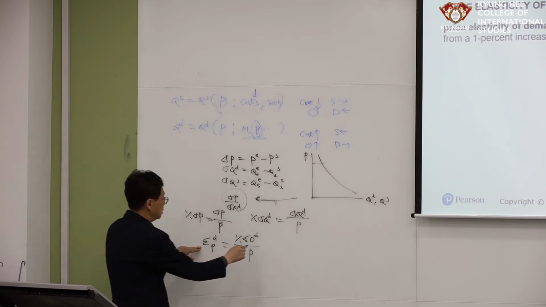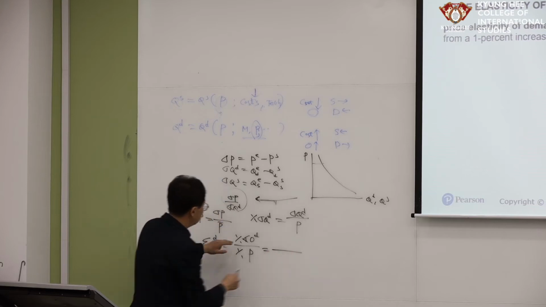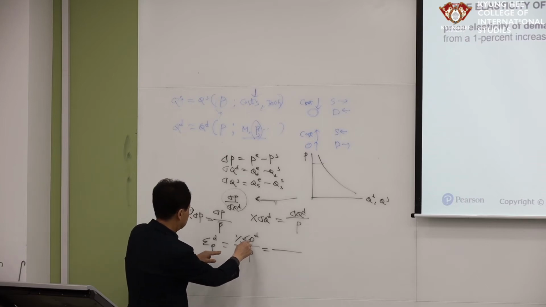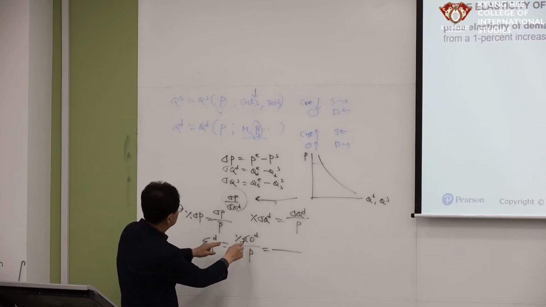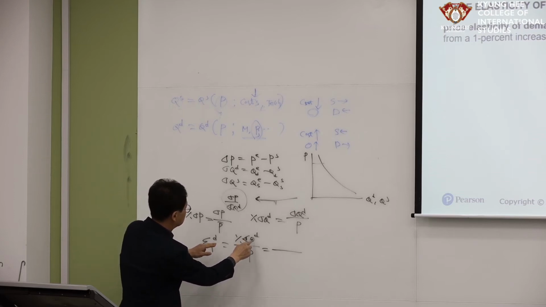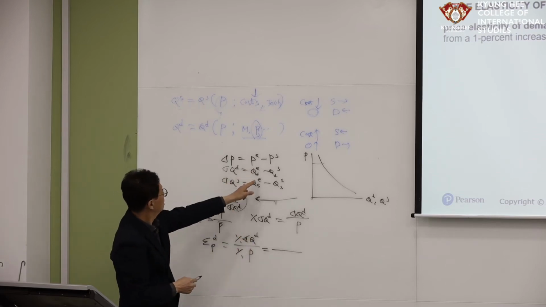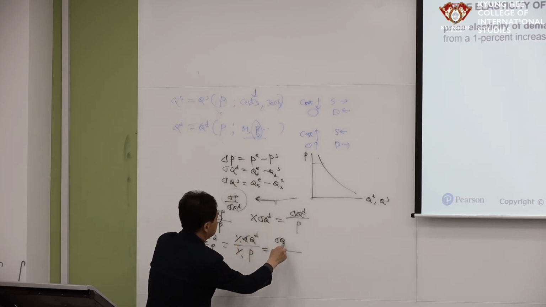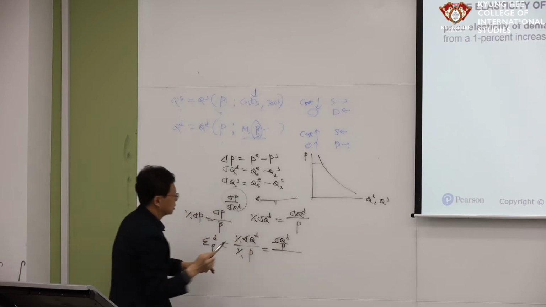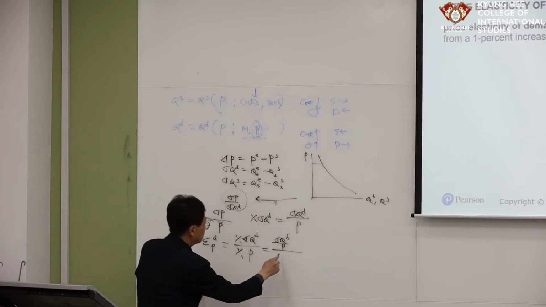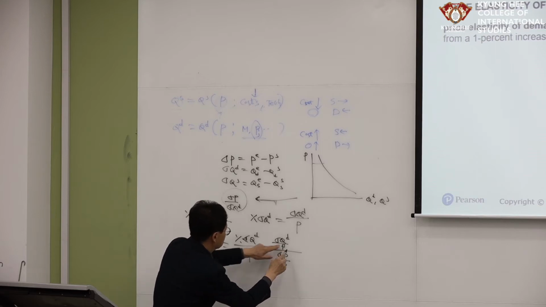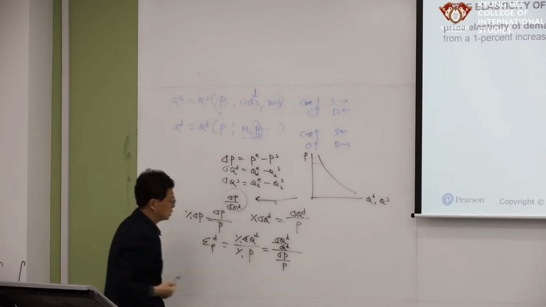So we expand this. Percentage change in quantity demanded is change in QD over QD. Percentage change in price is change in price over price.